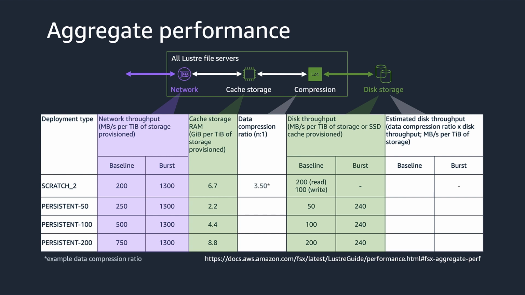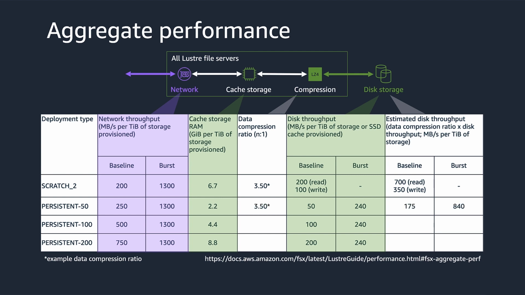For example, if we have a Scratch-2 file system with a data compression ratio of 3.5 to 1, when we multiply the data compression ratio of 3.5 by the disk throughputs of that file system, it gives us new estimated disk throughputs.